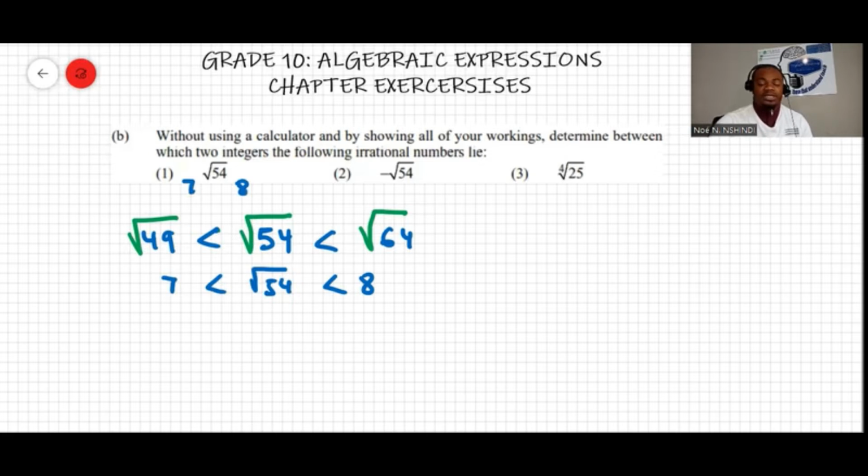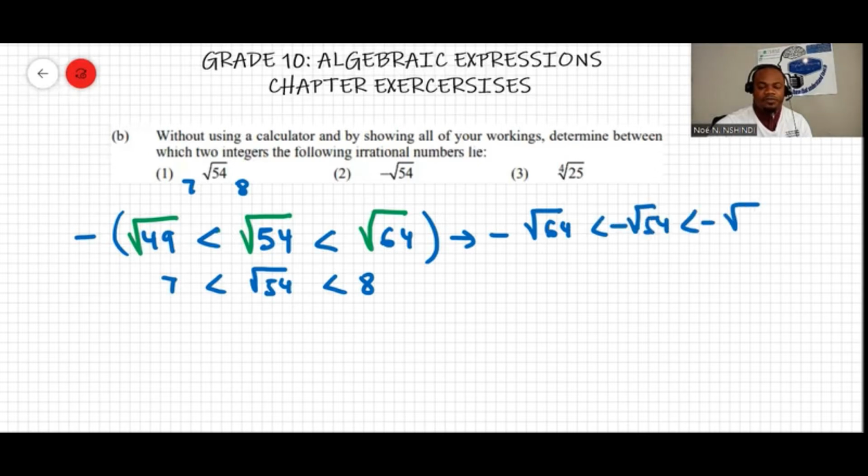Now the next question says negative square root of 54. Over here, you see the negative sign will just reverse this order. So it will be negative square root of 64 lesser than negative square root of 54 lesser than negative square root of 49.